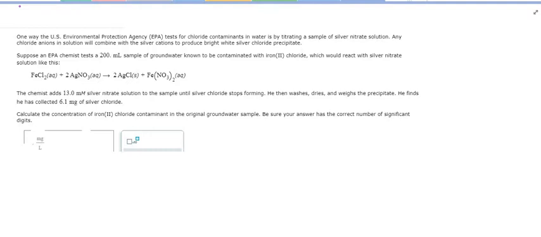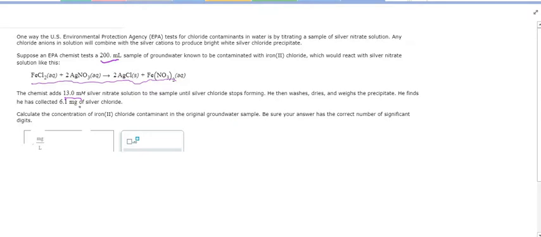So here's the question. Suppose an EPA chemist tests a 200 ml sample, that might come in handy there, of groundwater known to be contaminated with iron 2 chloride, which would react with silver nitrate solution according to this chemical equation right here. The chemist adds a 13.0 millimolar silver nitrate solution, that might be important, to the sample until silver chloride stops forming.